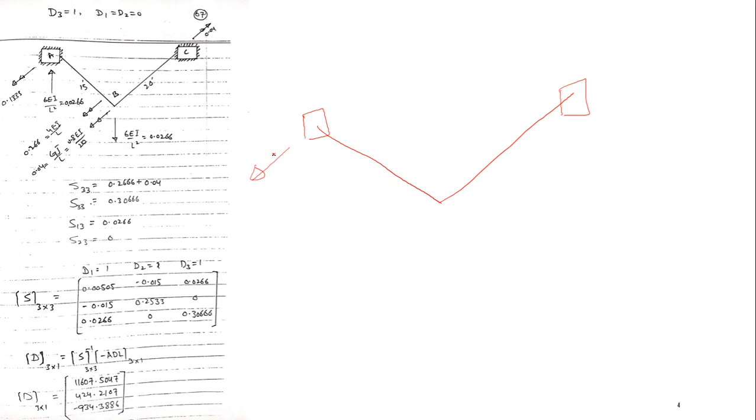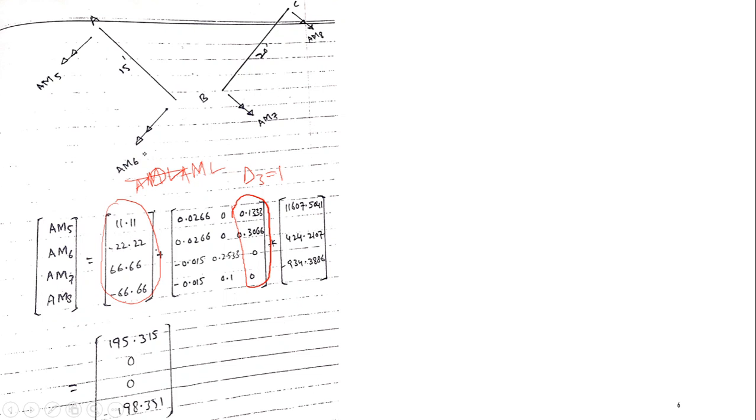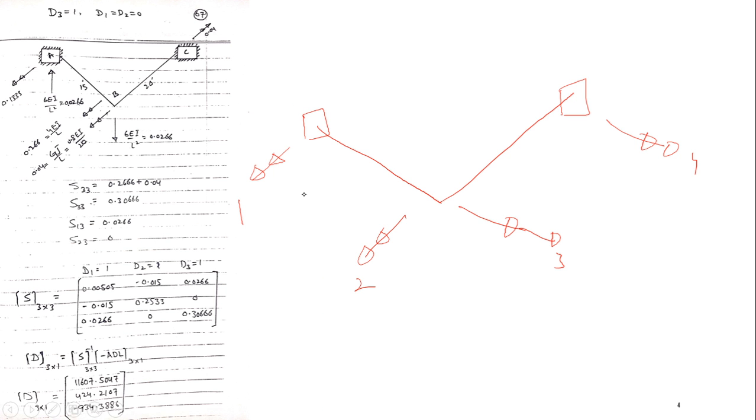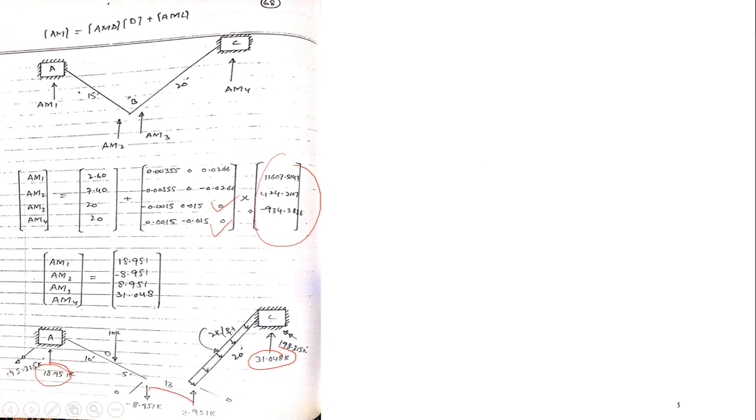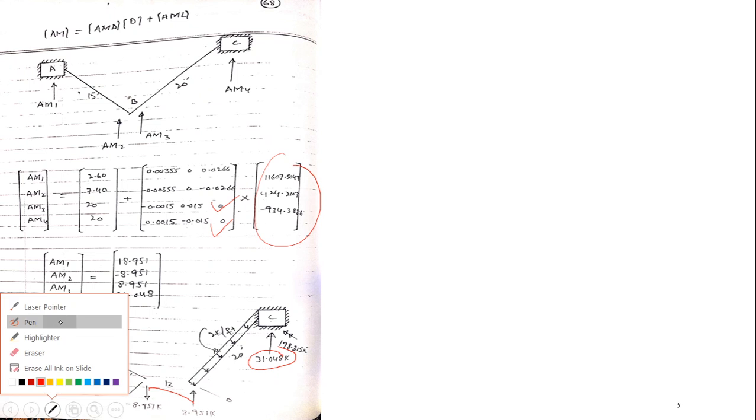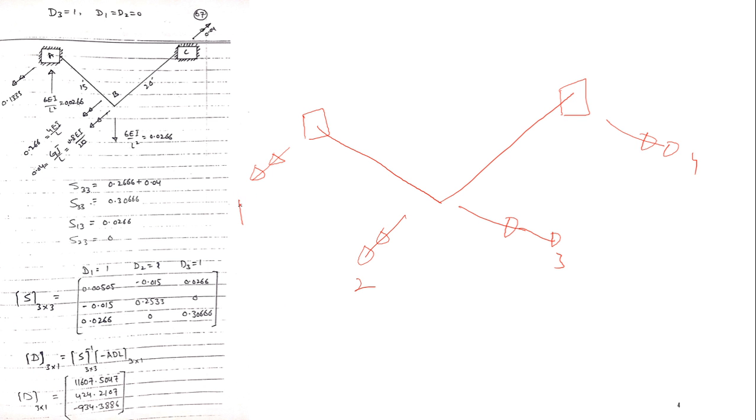I've taken all moments like this: this moment has been taken as 1, this as 2, this as 3, this as 4, right? Then 5, 6, 7, and 8.